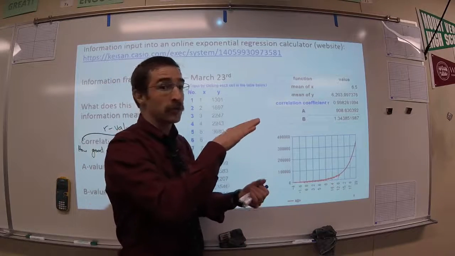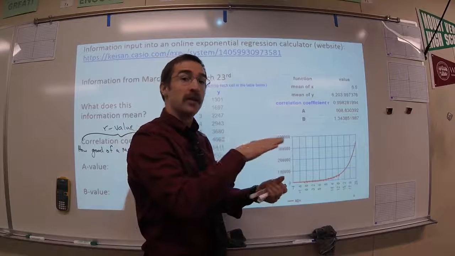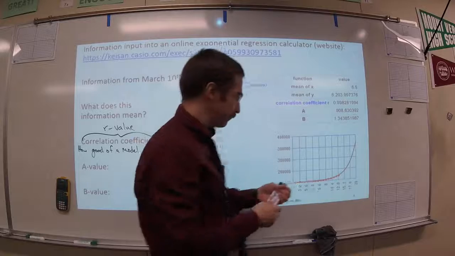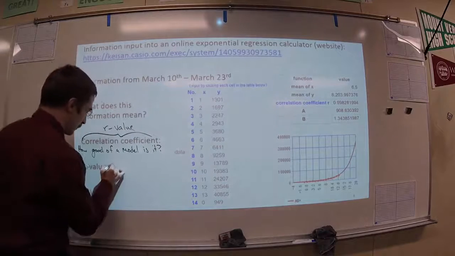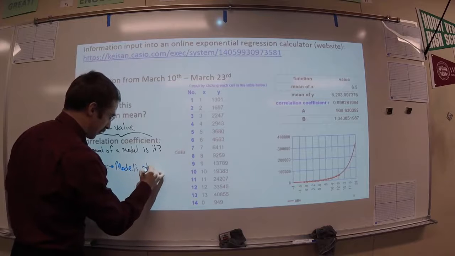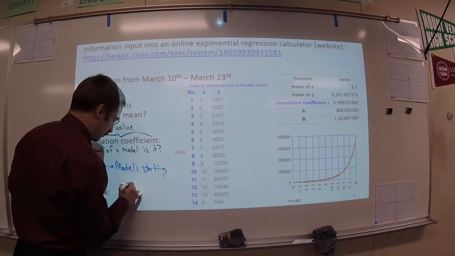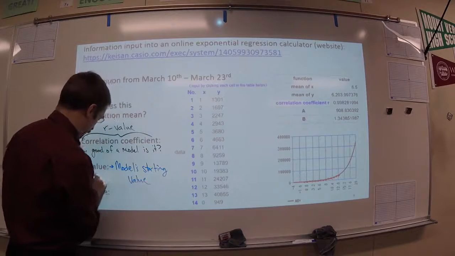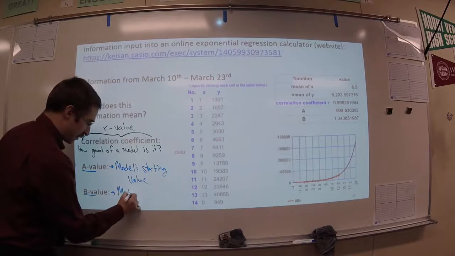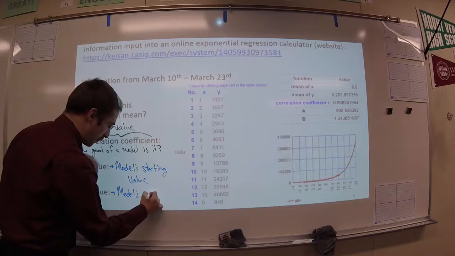It doesn't have to go through any of the points necessarily. It's just the curve that goes closest to all of them together. So this is the model's starting value. That's the A value.